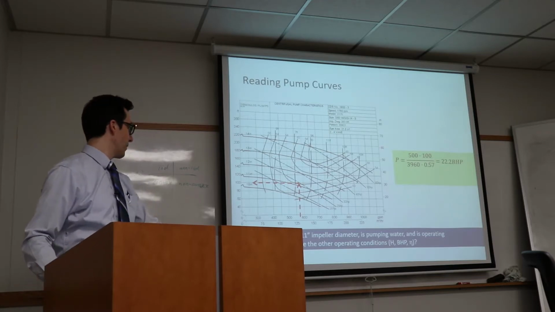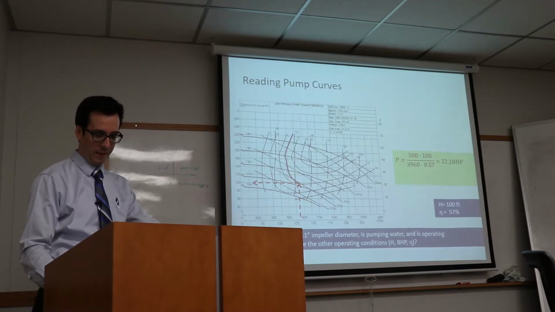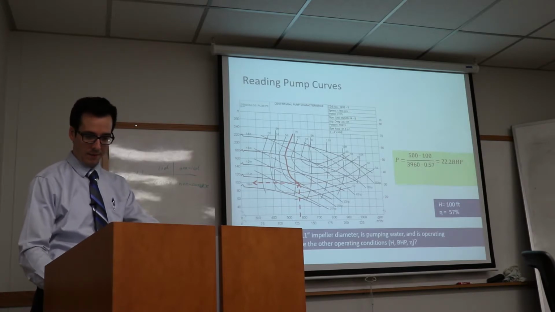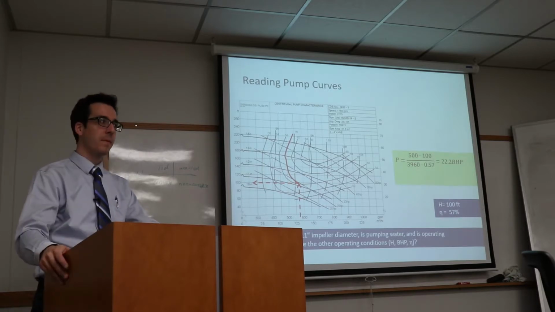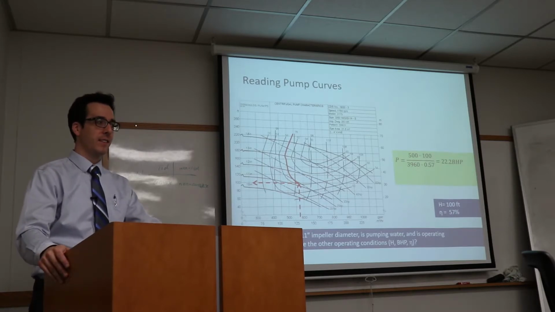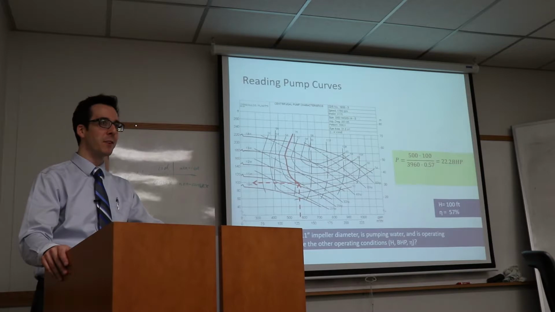Okay, so there's our pump curve, and we read the efficiency there, and we compute our values. Okay. Question. Is there a range for like a good and bad efficiency? Yes. The pump efficiency, you mean? Yeah. Usually you won't see anything over like 83%.